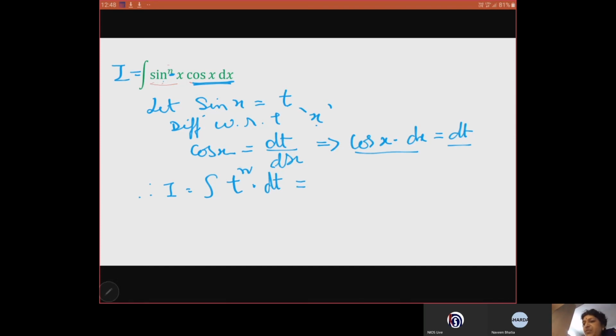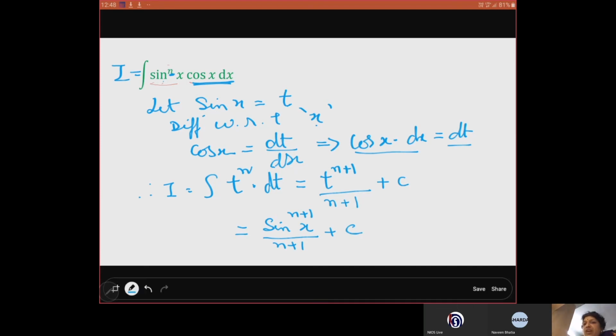So the integral of t to the power of n dt would be t to the power of n plus 1 upon n plus 1 plus c. But in this question, what is t? It is sine x. So sine x to the power of n plus 1 upon n plus 1 plus c would be the answer. Right?